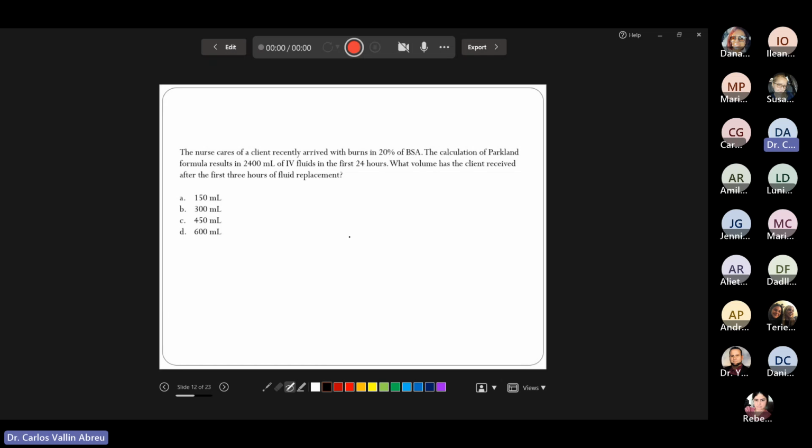The client has been calculated the Parkland formula, 5,000 milliliters, the same number that I say. Okay, and the client was burned at 8 a.m. In the first 8 hours, so at 16, you need to pass half.